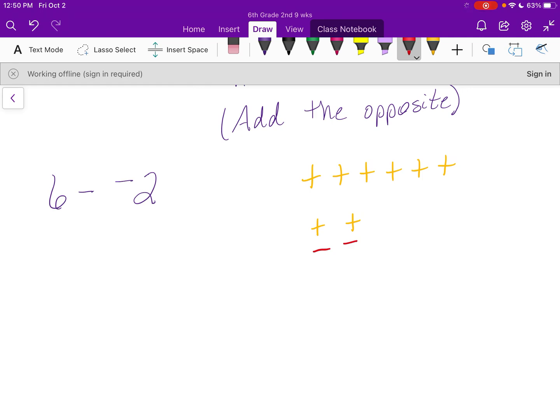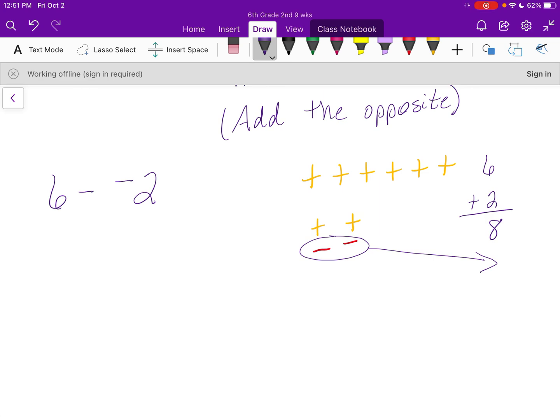And then we took away the 2 negatives. That left us with, and look at what we really have here, right? We have 6, and then we have this, which is the 2 positives. So what we're really doing is saying 6 plus 2 is 8.